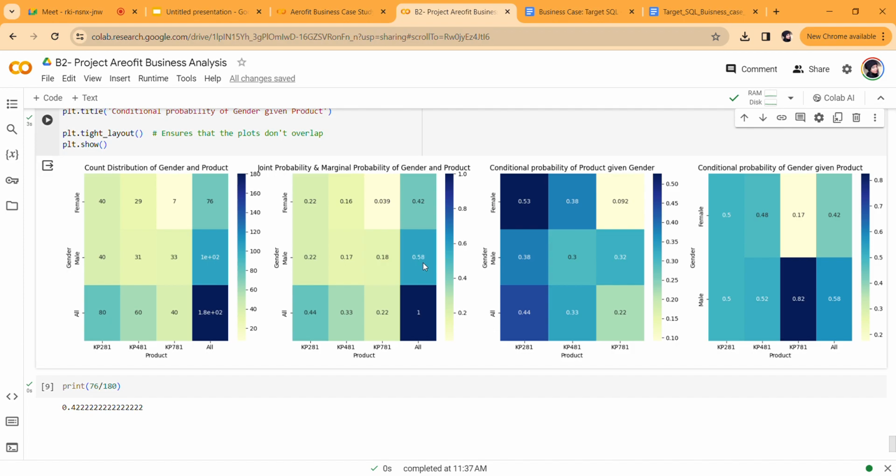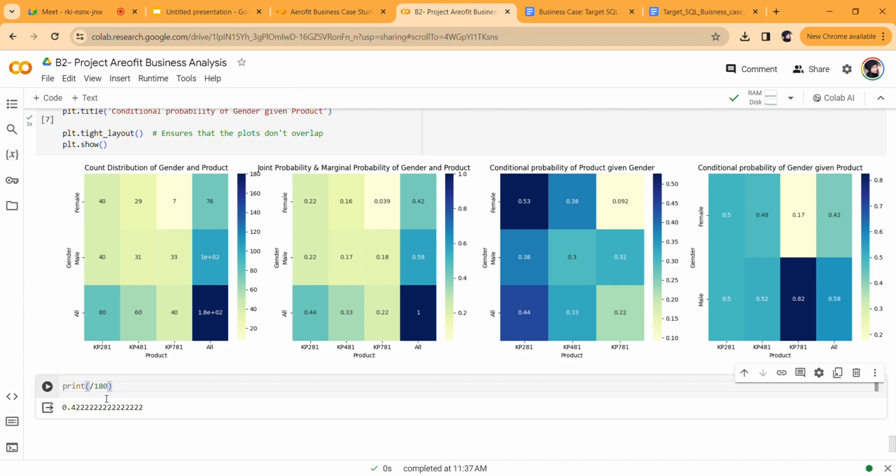If I want to know, given that it is a female, what is the probability that she will take the KP281, we have to divide 0.22 by 0.42. You can see that the KP281 and female joint probability is 0.22, so we take the joint probability as the numerator, and the total probability that she is a female is 0.42.